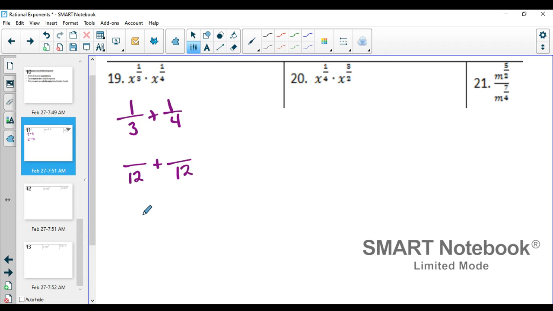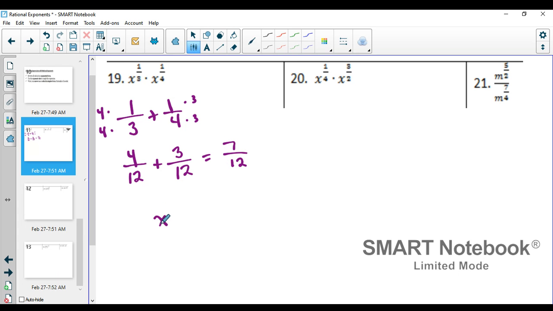All right. So if 12 is our denominator, we multiplied 3 by 4. So we're going to multiply the 1 by 4, so we get 4 over 12. And then we multiplied this by 3. So if we add those, 4 plus 3 is 7, and the denominator does not change, so it's 12.